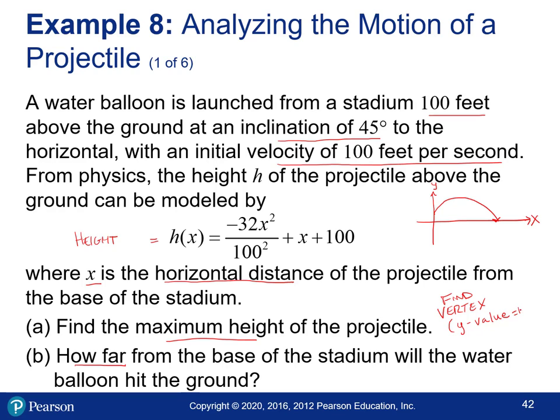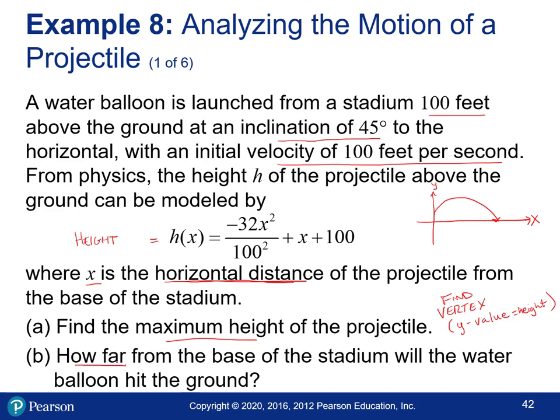So y value equals the height. And then B, how far? That's another way to ask what is the distance. And we were told x is the distance, the horizontal distance. Okay, so how far from the base of the stadium will the water balloon hit the ground?